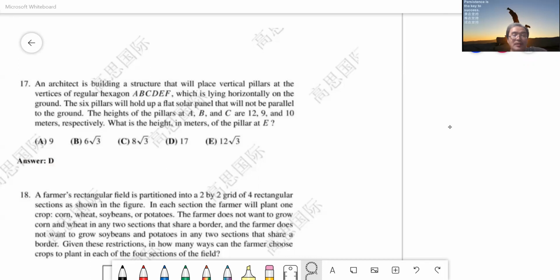The 6 pillars will hold up a flat solar panel that will not be parallel to the ground. The heights of pillars at A, B, C are 12, 9, 10 meters respectively. What is the height in meters of the pillar at E?